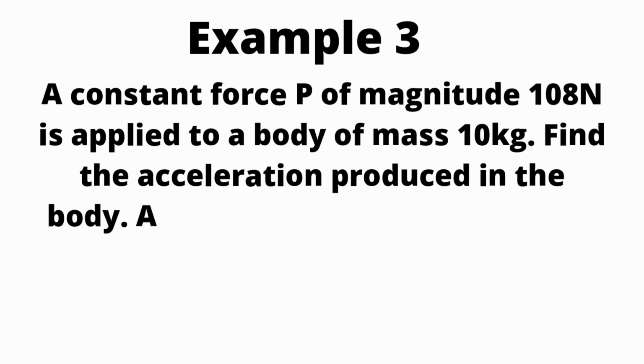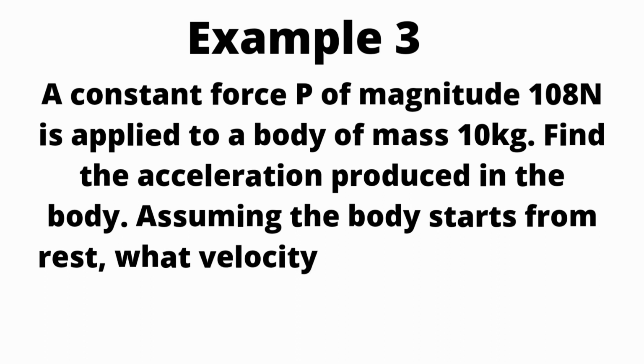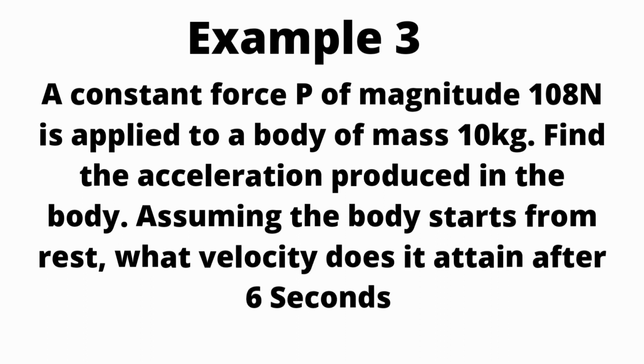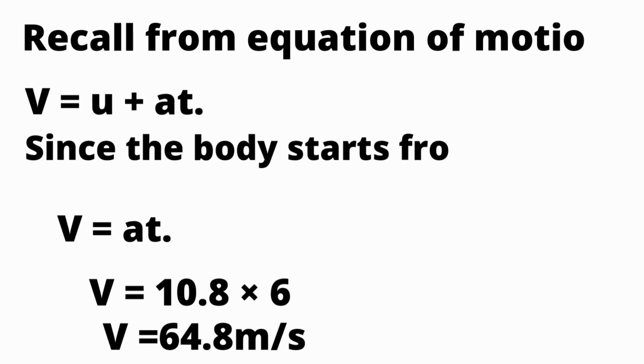The second part of the question: assuming that the body starts from rest, what velocity does it attain after 6 seconds? Now let's consider that question. From rest, it means initial velocity is equal to 0.